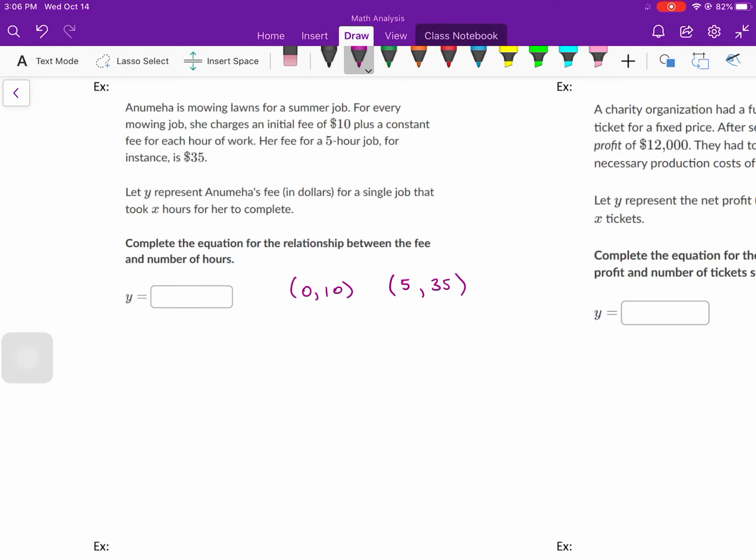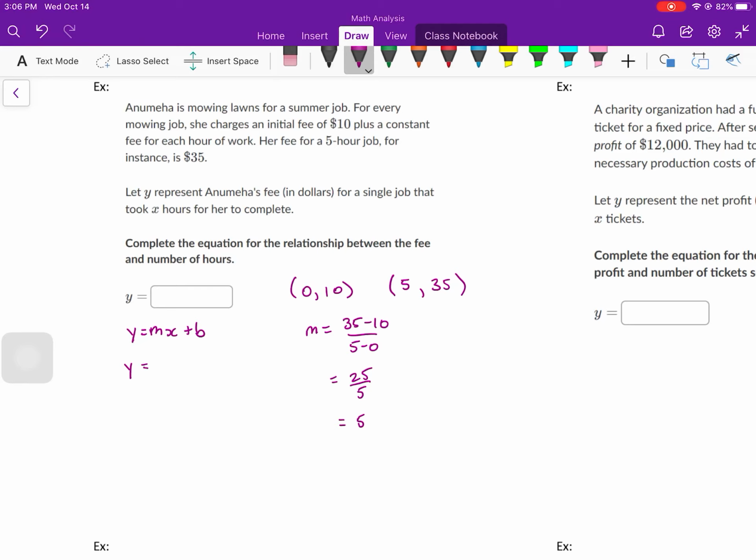So let y represent her fee for a single job that took x hours for her to complete. So let's find the slope, because we're going to go ahead and use y equals mx plus b. So m is going to be y2 minus y1 over x2 minus x1, which is 25 over 5, which is 5.